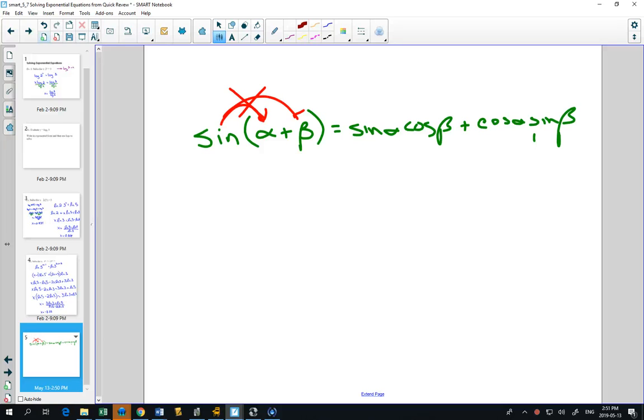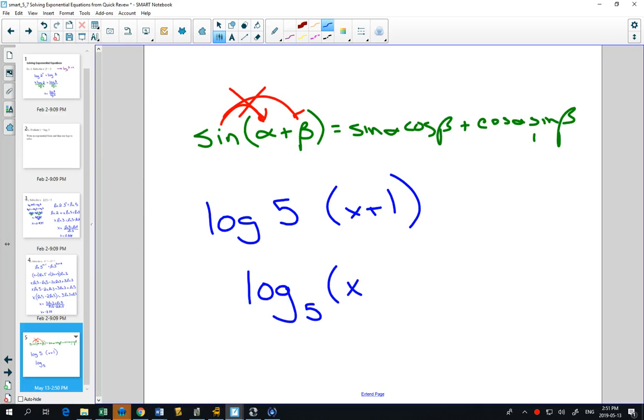And they're going to be so tempting to distribute in this unit. Because, check this out. Log of 5 is a number. This you could distribute. Log base 5 isn't a number.